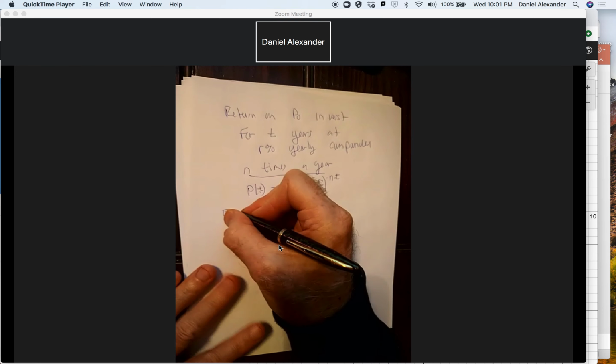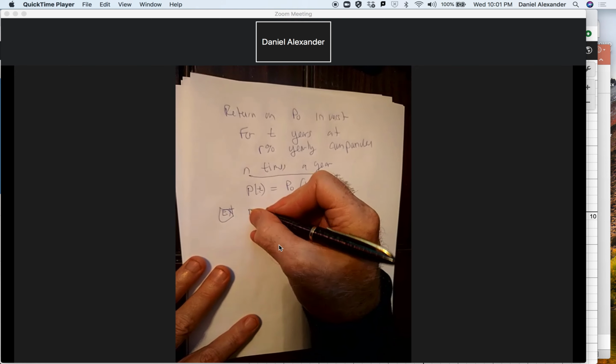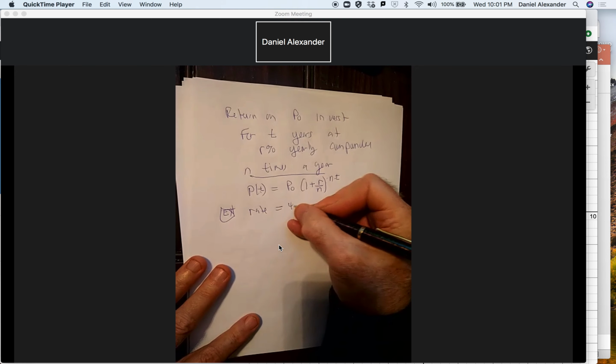So some quick examples. Your rate is 4%. Your interest is paid monthly. And your initial investment is $5,000. So this is, again, the interest rate is per year. Your formula would be P of t equals 5,000 times (1 plus 0.04 over 12) to the power of 12 times t.